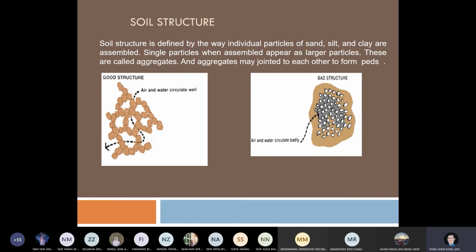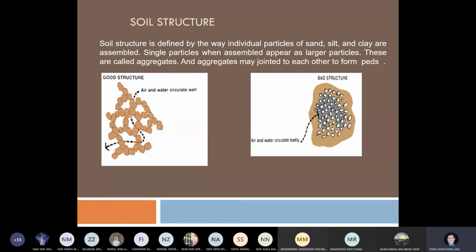Now that is also quite similar with structure. If you look at the diagrams right here, there are two images that reflect good soil structure and bad soil structure. So what is the difference? For a good soil structure, it will allow air and moisture to pass through freely.